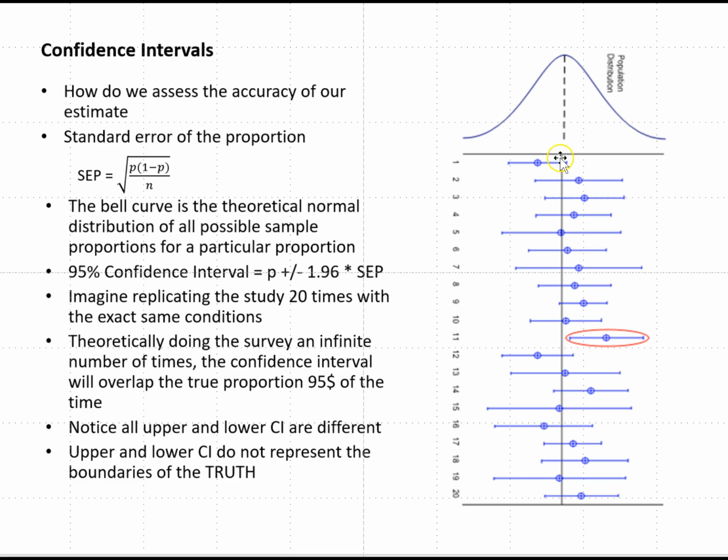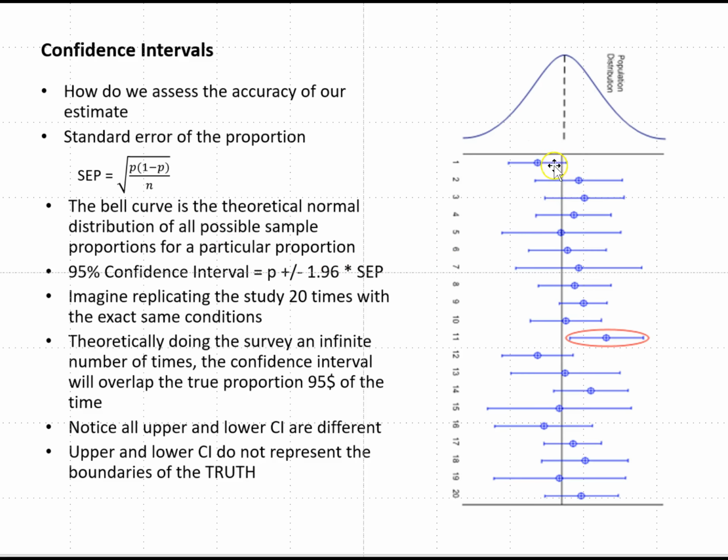Now notice it overlaps the truth. So you know that given this particular proportion and the standard error, you have a 95% chance that your confidence interval will overlap the truth. The confidence interval is the proportion plus or minus 1.96, which is a z-score, approximately 2, times the standard error of the proportion.